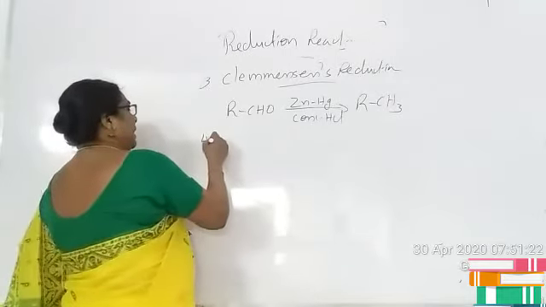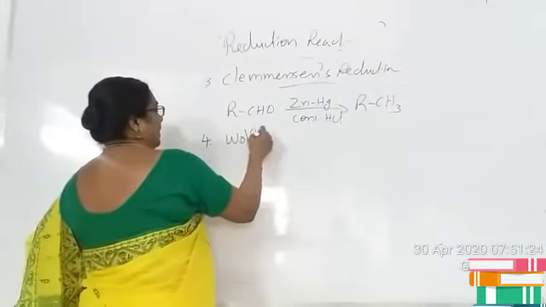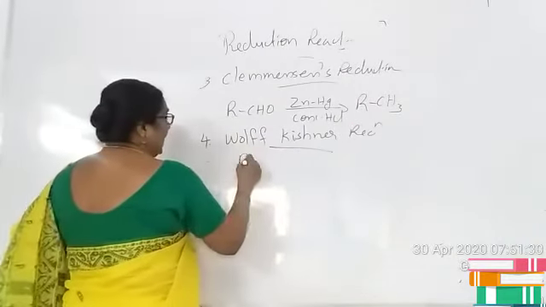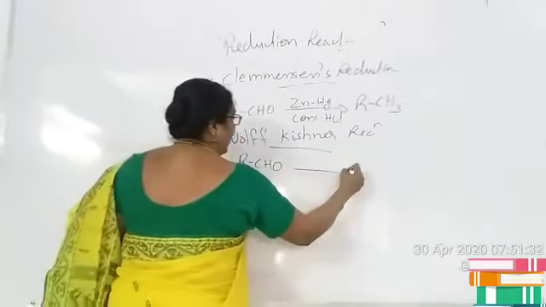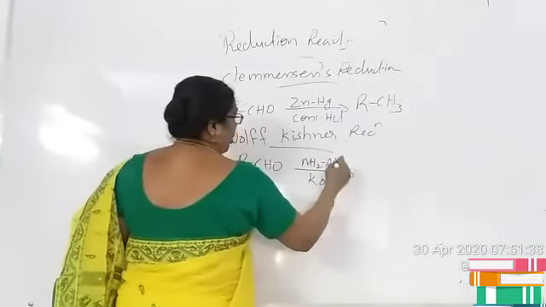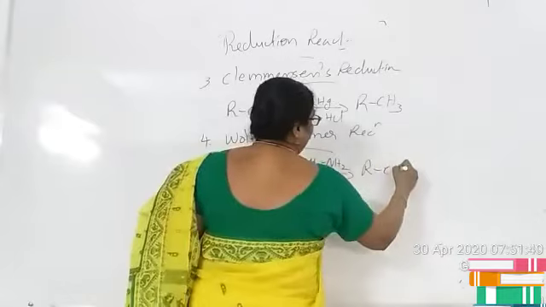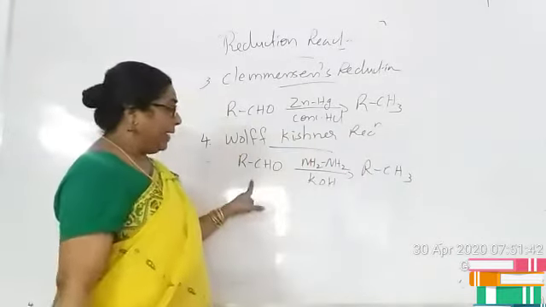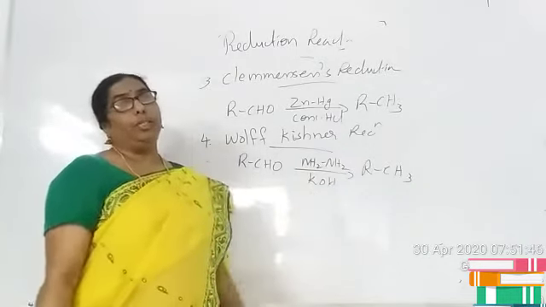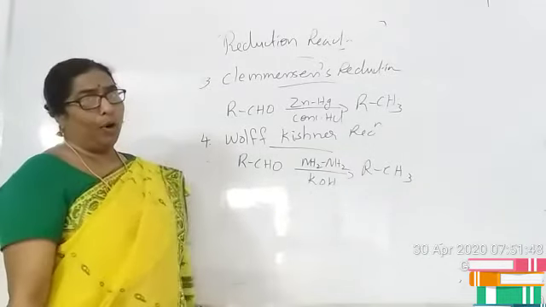And the next one we can consider is Wolff-Kishner reaction. In this case, again the aldehyde undergoes reduction in presence of hydrazine and a base. It produces an alkane as the product. The aldehyde undergoes reduction with hydrazine and KOH and produces alkane as the product.